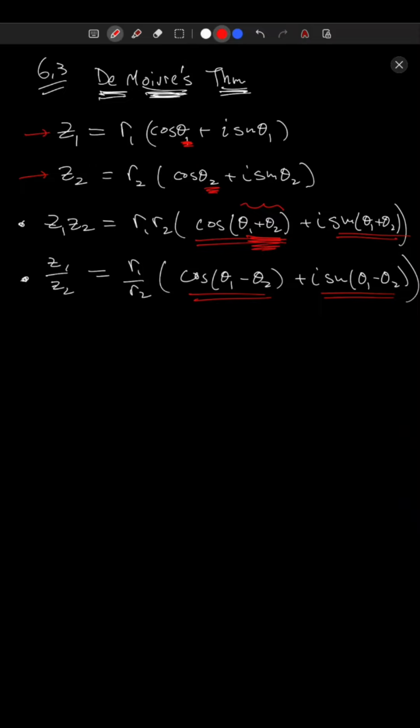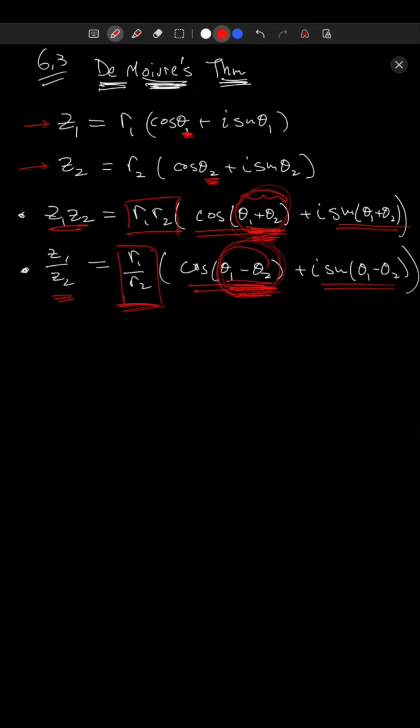So when you multiply complex numbers, you're in a way adding their angles, and when you're dividing complex numbers, you're subtracting their angles. Of course, their lengths multiply in the multiplication case, and their lengths divide when you take the quotient. But it's this sum and subtraction of angles that's really interesting when it comes to the product and quotient of complex numbers.